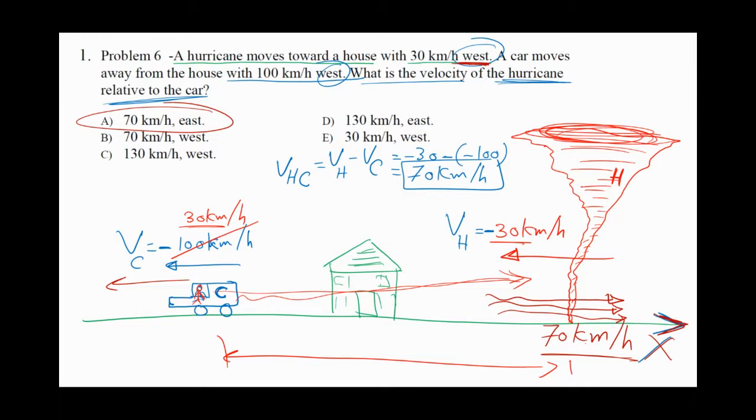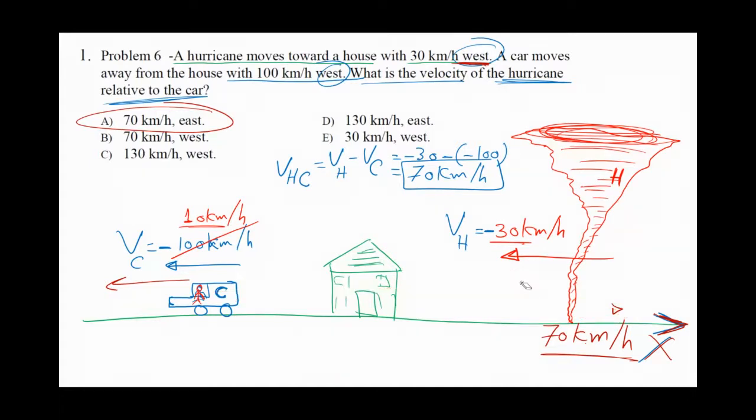What if he is driving at, let's say, 10 kilometers per hour only? He will feel what? Yes, 20 kilometers west. So if he's driving at 10, VHC equals VH minus VC.